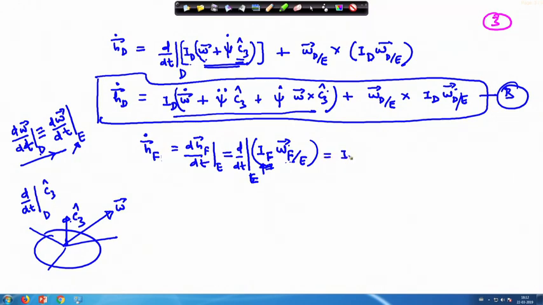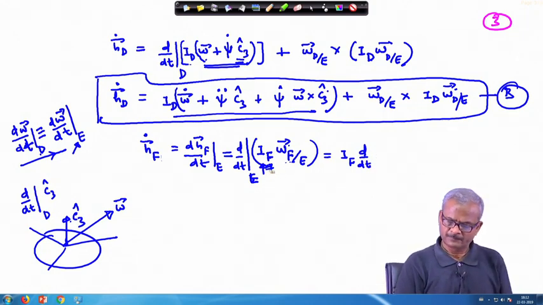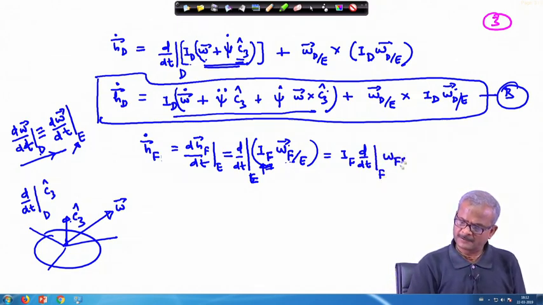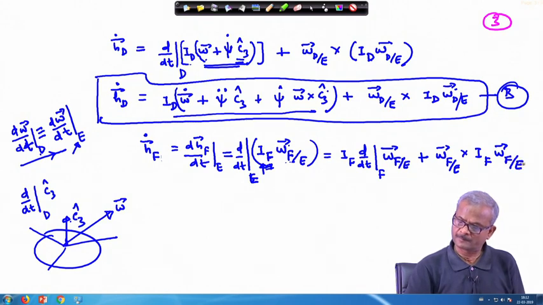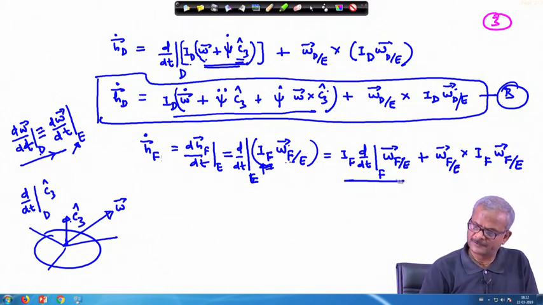And then we write this as I f times d by dt with respect to the f frame of omega f slash E, plus omega f slash E cross I f omega f slash E. This term we need to expand, as usual.